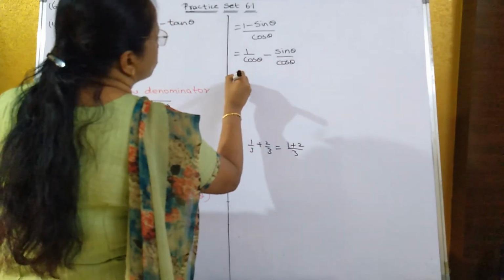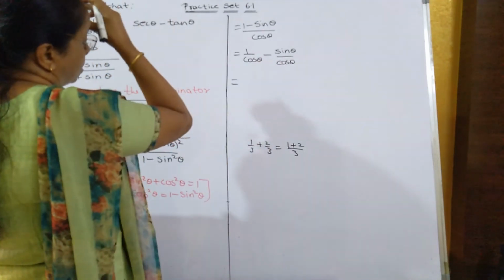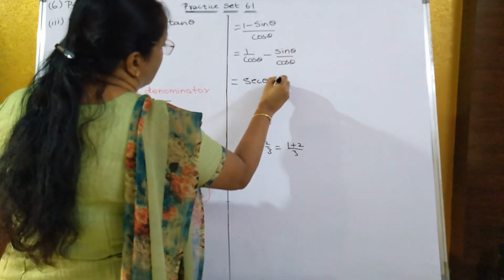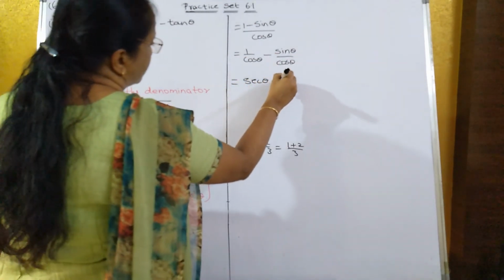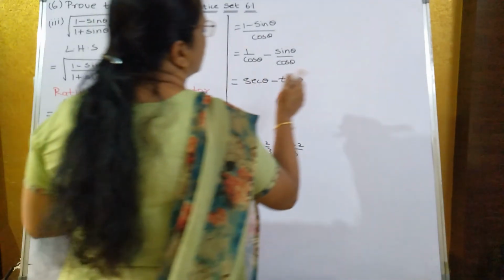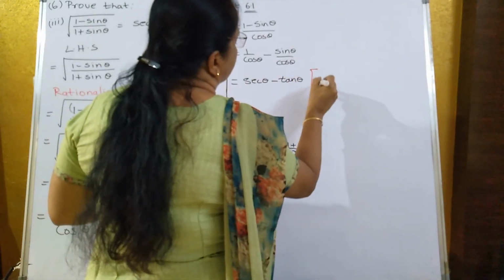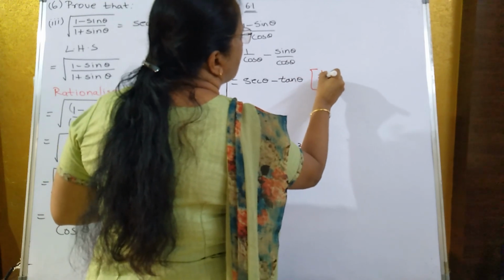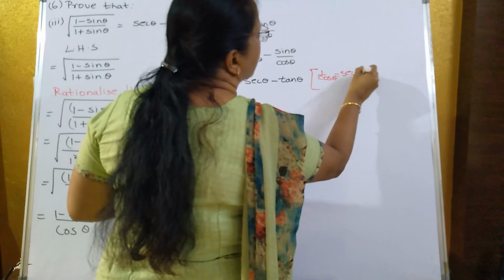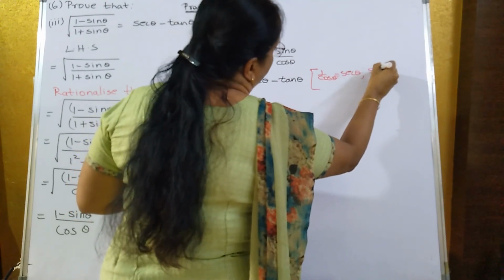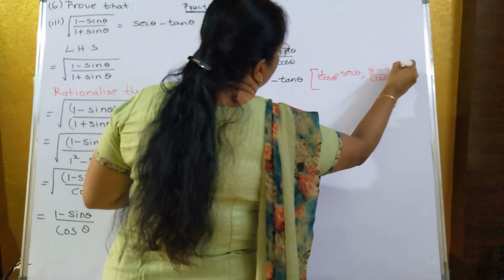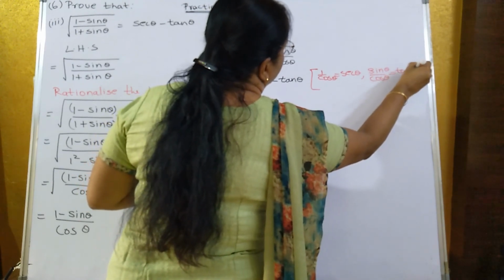Now what is 1 upon cos theta? 1 upon cos theta is sec theta. Minus sin theta upon cos theta is tan theta. So that is equal to RHS. So 1 upon cos theta is equal to sec theta, and sin theta upon cos theta is equal to tan theta.